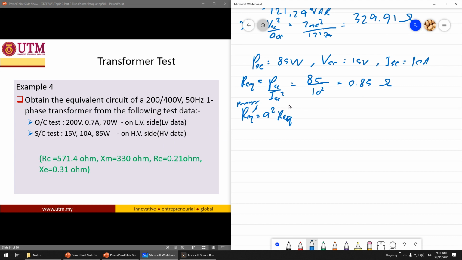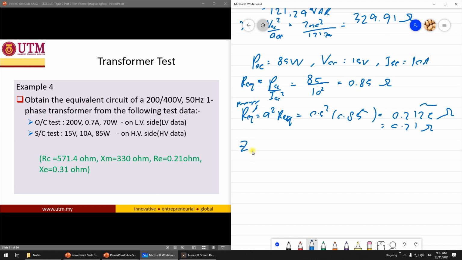So when you want to bring it from the secondary side to the primary side, you have to multiply by A squared. So A is 0.5 squared multiplied by 0.85, so equals to 0.2125 ohm, okay, 0.21 ohm. Okay, no need to bring too much decimal point. Okay, that is how you obtain the R equivalent.